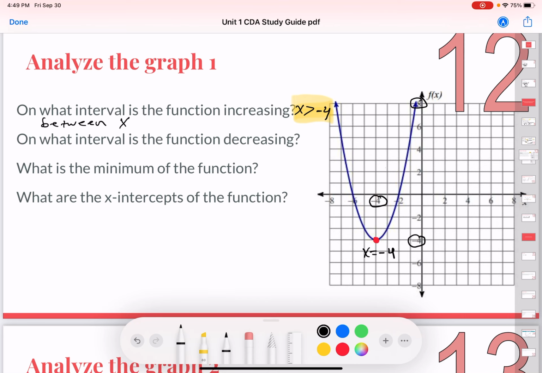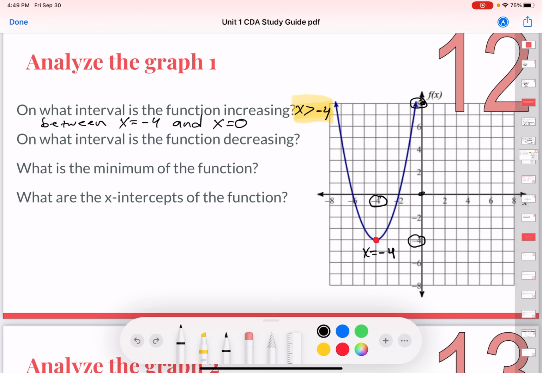So x equals -4 and x equals, let's call it 0, because right here is where x equals 0, and then y equals something a little bit greater than 8. But we don't have to be super specific because, again, this is just to get used to that wording. So between x equals -4 and x equals 0, you might see it like that, although this is more accurate.